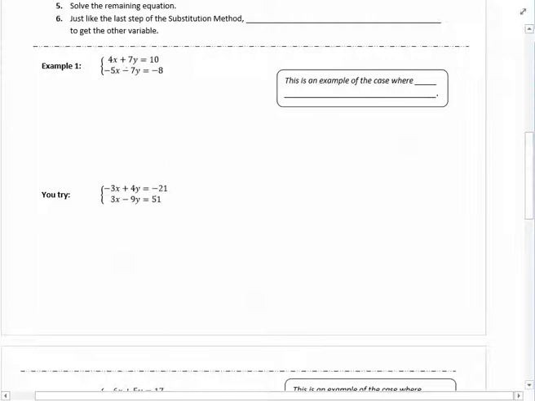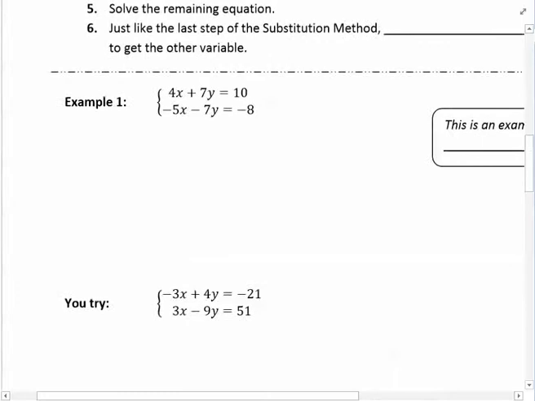If we look right here, we have 4x plus 7y equals 10. Let me zoom in just a little bit. There we go. And we have a negative 5x minus 7y is equal to negative 8. So I don't know if you knew this, but you can add two equations together.